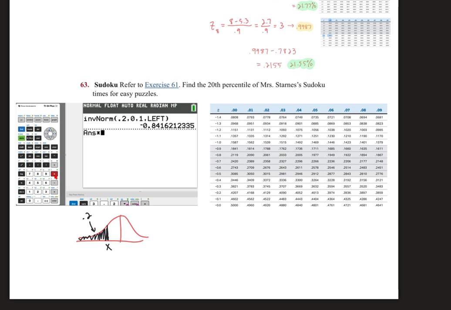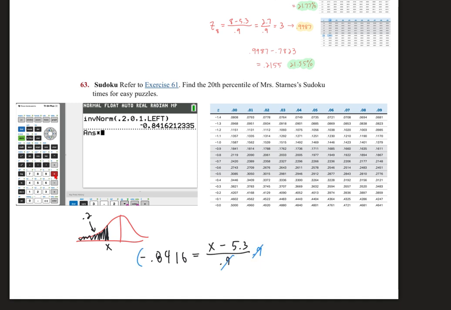So now that we've got the z-score, we'll do negative 0.8416 equals x minus the mean. The mean was 5.3, all over standard deviation 0.9. So now we have to take this equation. We found the z-score with the inverse norm, and then we'll solve for this x value. We'll times both sides by 0.9.